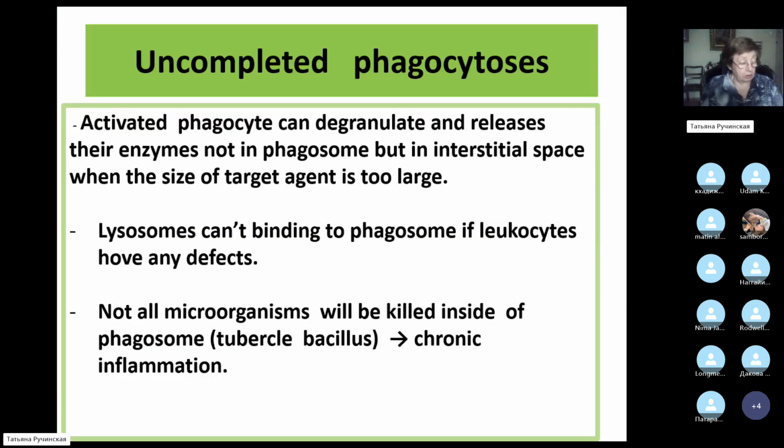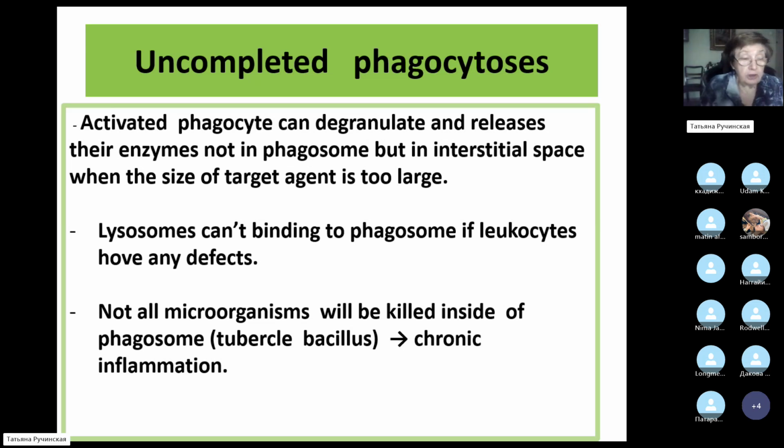And in the colloquium, you have such a question about uncompleted phagocytosis. I gave you one example of uncompleted phagocytosis. You see, if the phagocytic agent is larger in size than the neutrophil, macrophage, or eosinophil, the phagocyte can degranulate and release its enzymes to the outside.